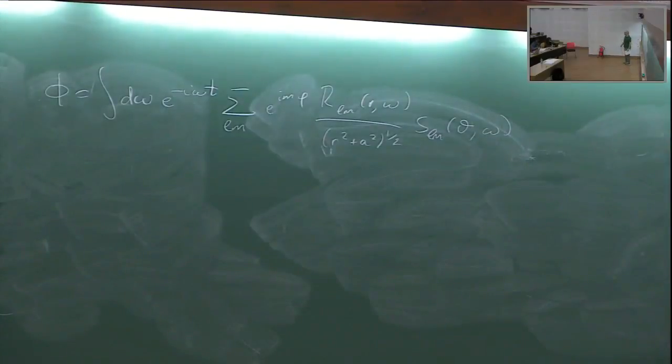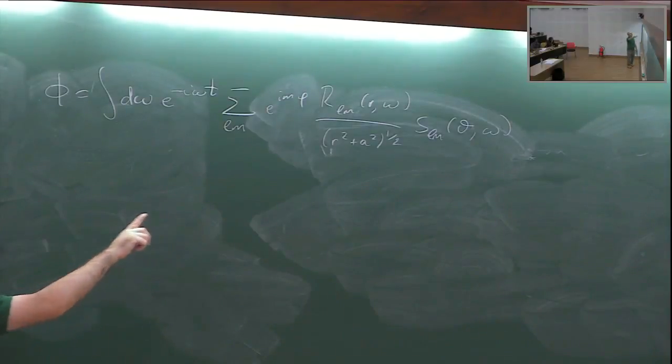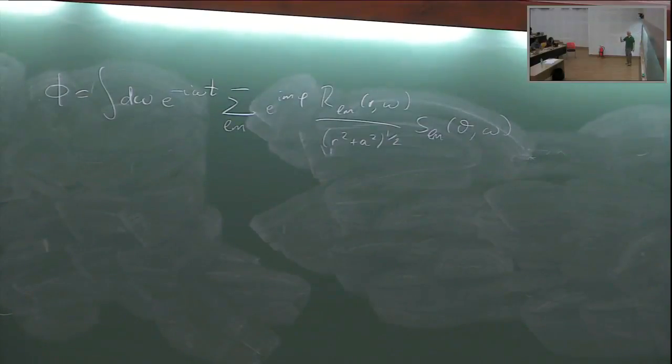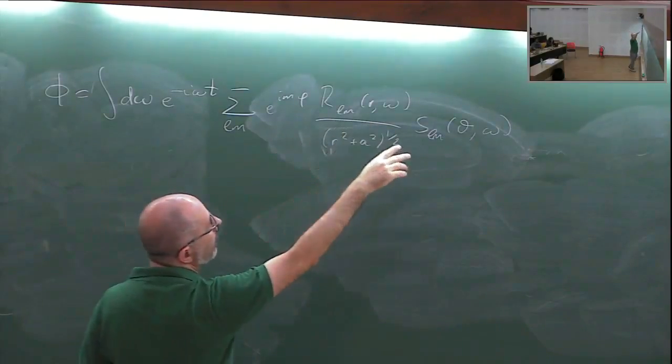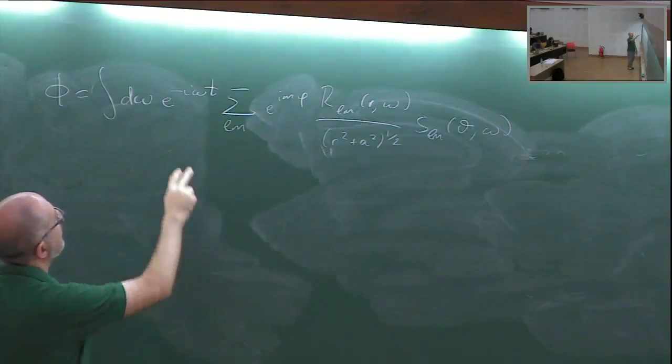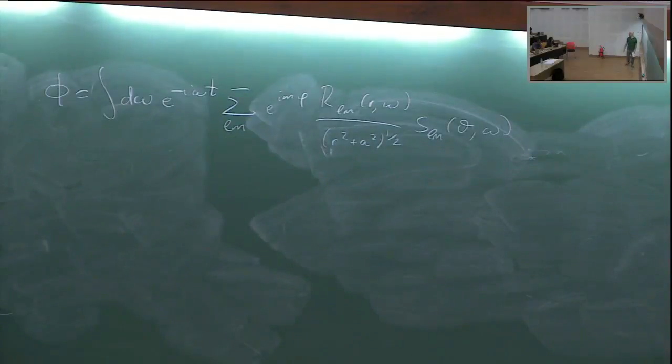The idea is that if, once again, you consider the Klein-Gordon equation in the Kerr spacetime, and you write down your field dependence on t, r, theta, and phi in terms of some radial function R, some angular function S, and e to the i m phi minus i omega t, you get some angular equation that I'm not even going to write down.